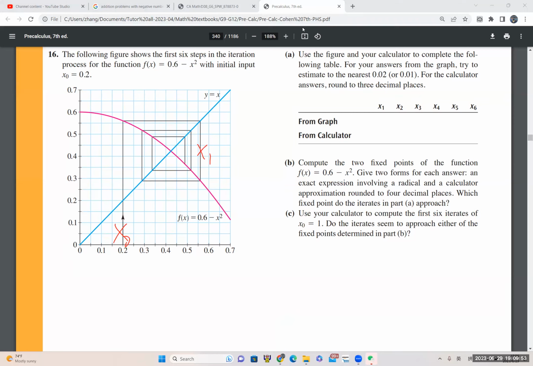This is x1. Then go here x2, here x3, x4, x5, and keep going. So x1 just means the function value for f of 0.2, right?